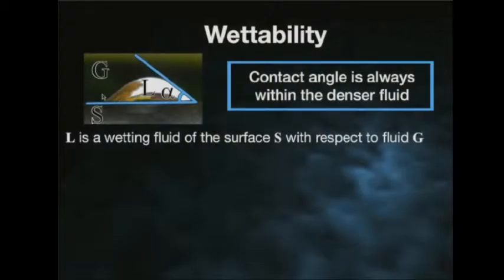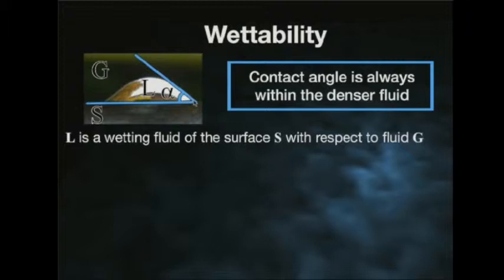Wettability is what I showed you in our first class when we saw the shape of the droplets. If we take a close look at the shape of this droplet here, that's the surface here, and this is the angle.